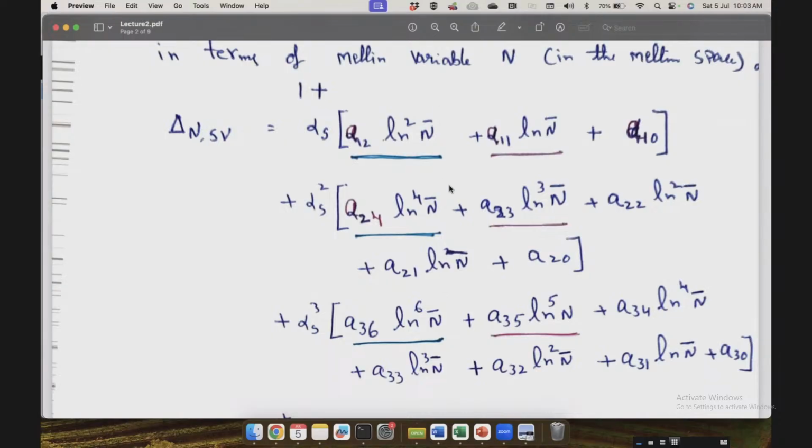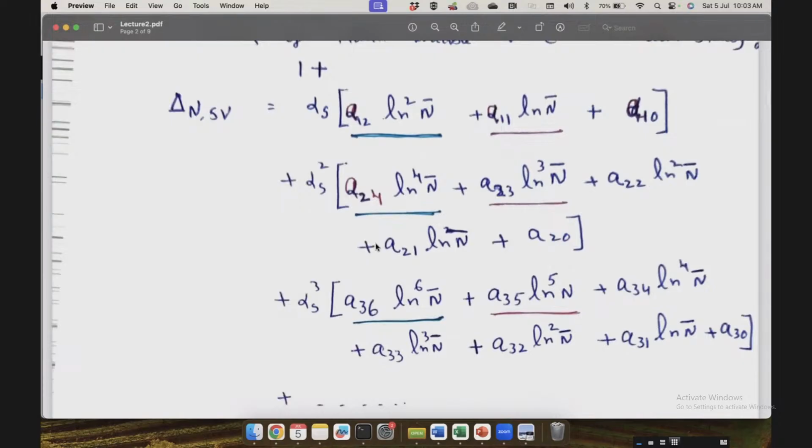So that summation to all orders in the perturbation theory, if we can systematically organize, by that I mean, suppose I consider these green colored underlined ones, where at first order I take the dominant logarithm, second order I take again the dominant logarithm, third order I take the dominant logarithm.